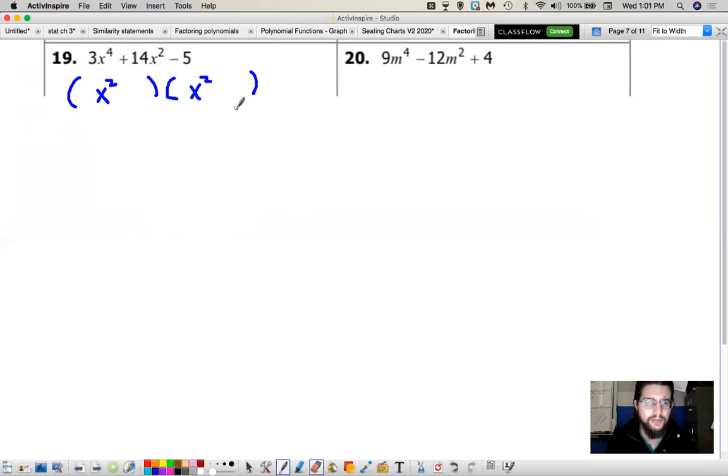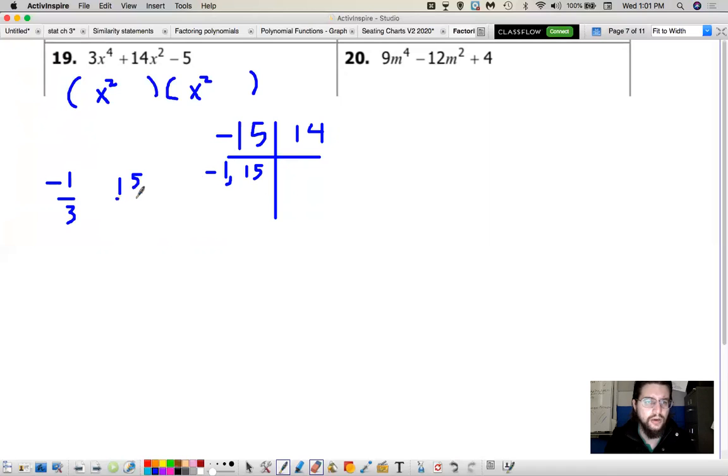3 times negative 5, that's negative 15. So this is where it comes in much handier. It needs to be 14. Okay, so that's obviously a positive 15 and a negative 1. Put them over A. Negative 1 over 3. 15 over 3.